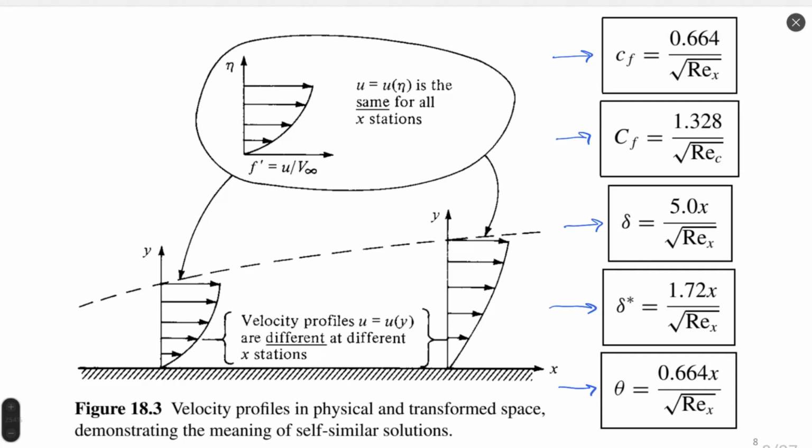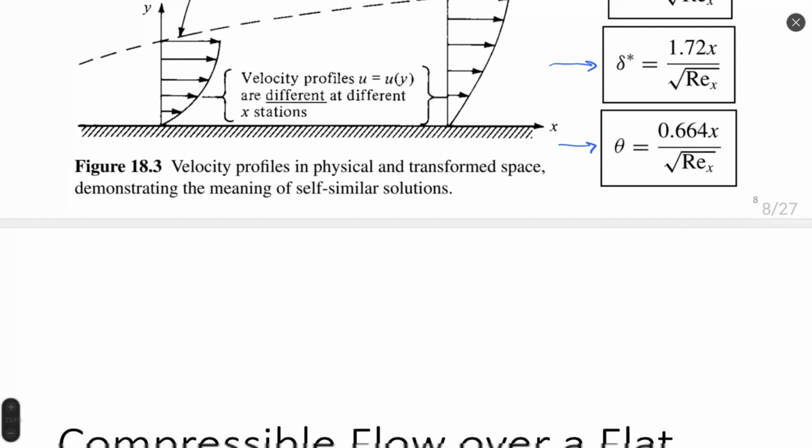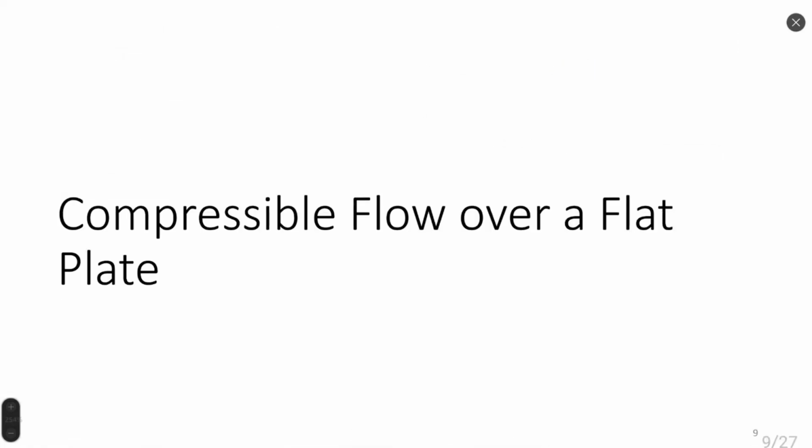Very nice, very good result of just the transformation of flow equations. Analytically, we can obtain a lot of information, and this is very close to real flow. For compressible flow, it's possible to provide a similar procedure, but with some adjustments.